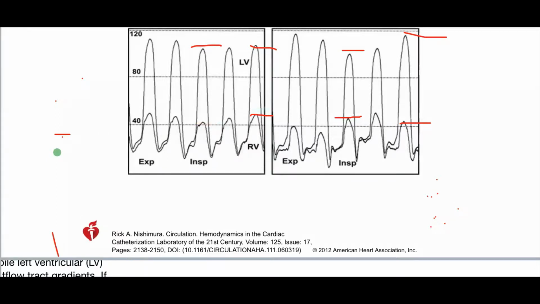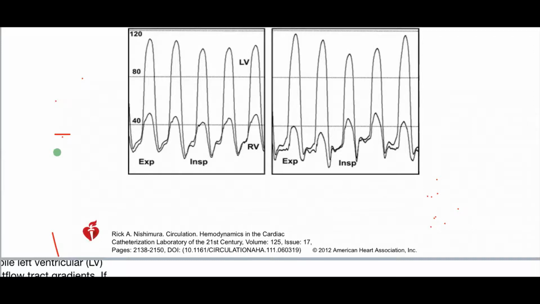Good. The question is why constriction leads to this discordance. How can you explain the physiology behind this?